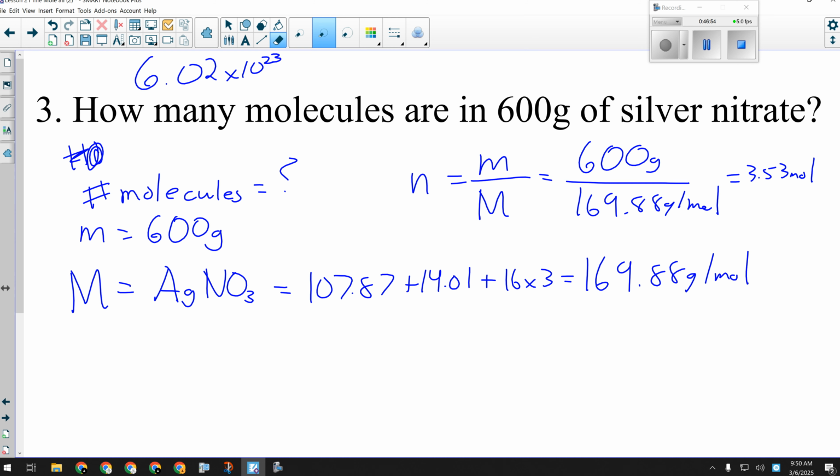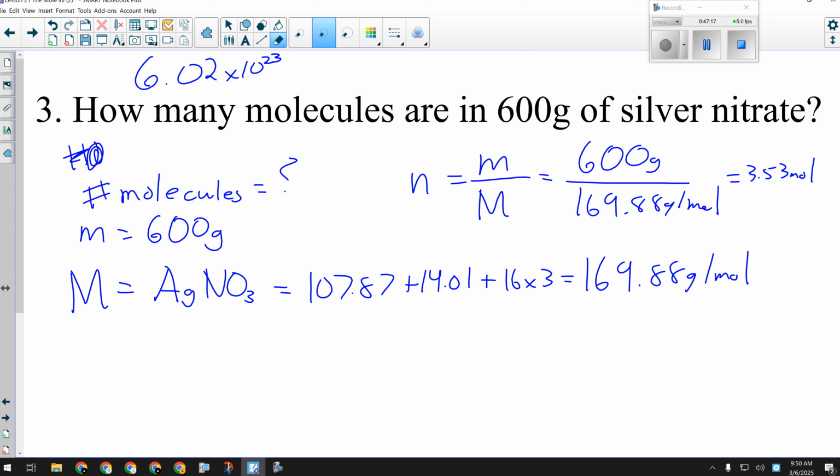What should I do with those two numbers? Times. Just like you did with the donuts question. You took 3, the number of dozen, and you multiplied it by how many are in a dozen. You went 3 times 12. The same is true here. This is how many are in a mole. This is like 12. Multiply it by this.